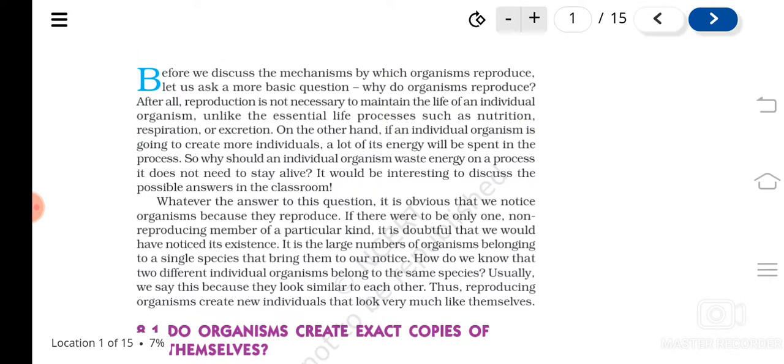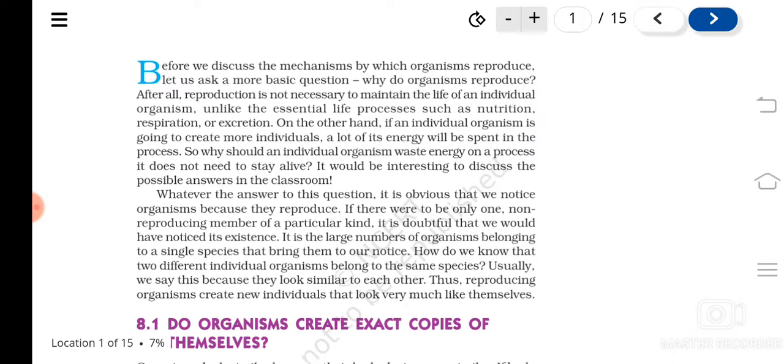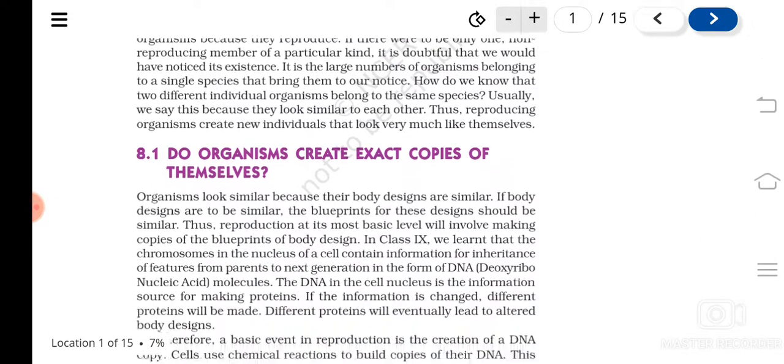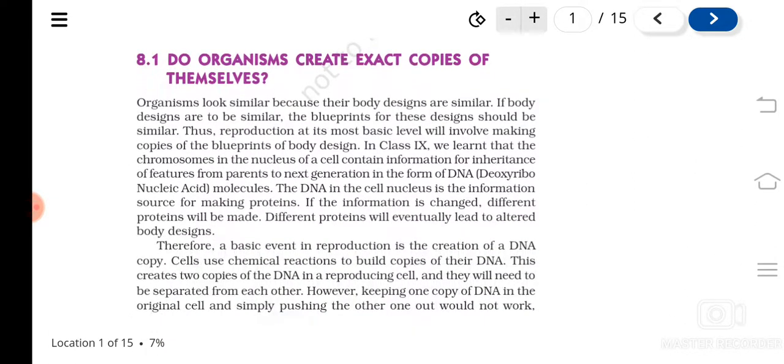Reproduction. It is not necessary for an individual to survive, but for a species to survive, it's very important. We have seen, isn't it? Then, how do they form copies of their own? Because we have studied that DNA is the genetic material, and this DNA contains the information for making proteins, isn't it? And if any change happens in the DNA, it will affect protein synthesis.